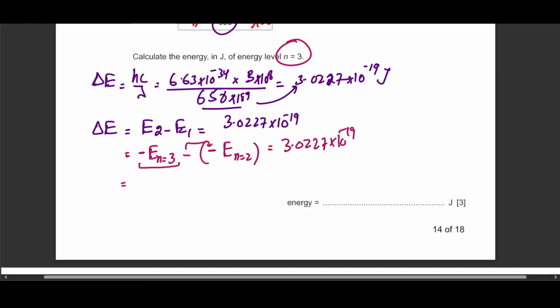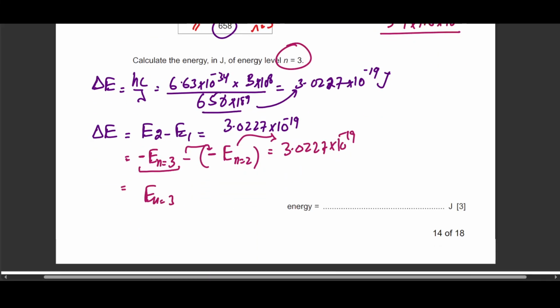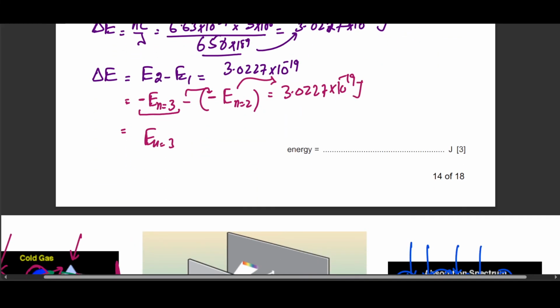This negative becomes multiplied with this negative becomes positive, right? So it goes over there and gets subtracted, right? So our E at n equals 3. Notice also, this is actually electron volts, eV. So we have to convert 3.4 by multiplying by 1.6 into 10 raised to the power minus 19. You multiply this to convert it into joules because our answers are also in joules, right? So this is also supposed to be negative, right?